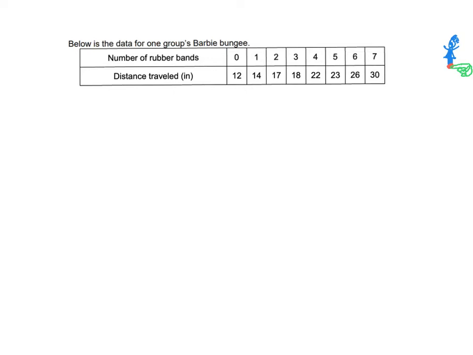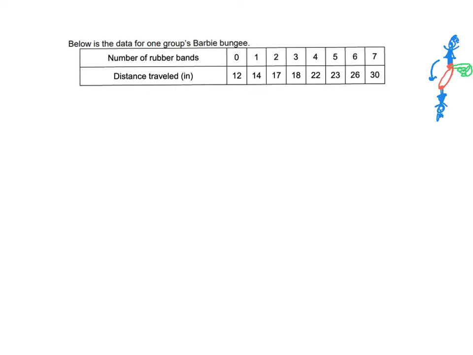And we would let Barbie fall. Let's undo that. Let's let Barbie fall, right? So then what we're trying to really do is see how far does Barbie fall with each. The group would have measured out, and we would measure this in inches, like how far she falls with rubber bands.